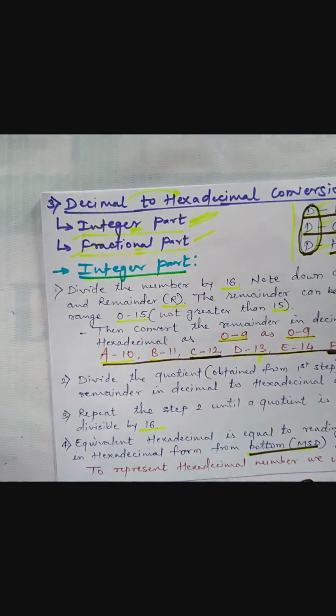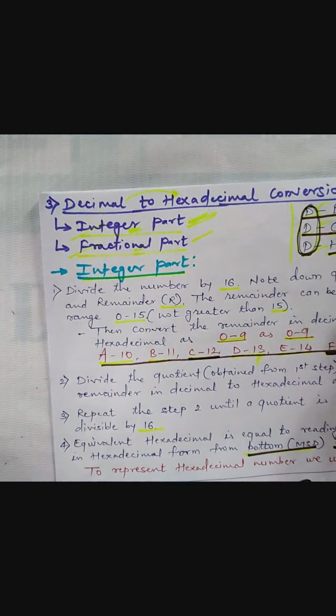Just to recall, the method that we used to convert decimal to binary and decimal to octal is based on their base, with repeated division and repeated multiplication.